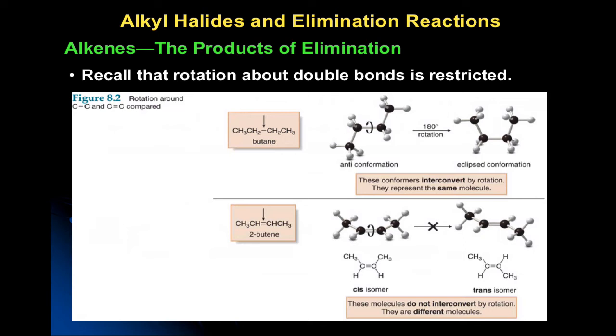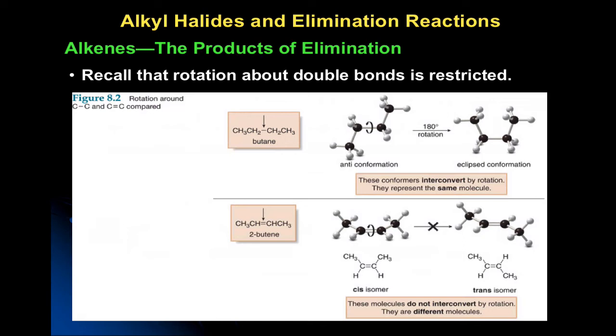Which one of these would you predict to be the most stable if you were to build a model? You would predict that the trans would be more stable. And why would you predict that? We don't have any charges, though. That's right. So the same reason here. This kind of looks anti like this.